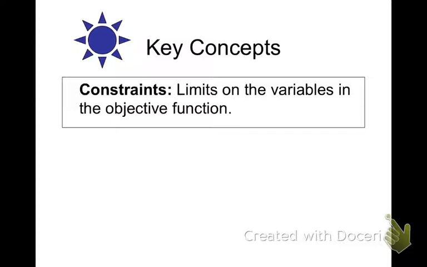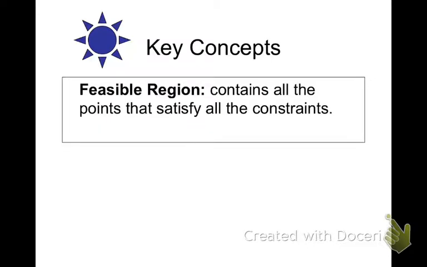Okay, so whenever you're doing a linear programming problem, you need to show the constraints, you need to show the objective function, and the last thing you're going to have to be able to show is what's called the feasible region.